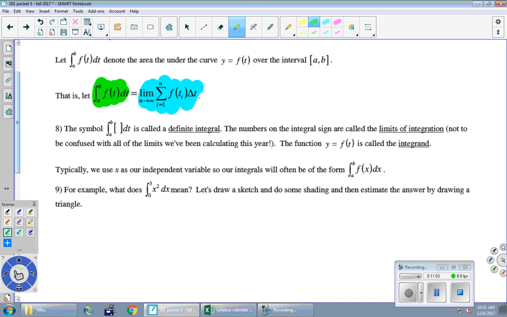And then the function itself, f of t, is called the integrand. Kind of like you have a radical and the thing inside is called the radicand. You have an integral and the thing inside is called the integrand. Typically we use x as our independent variable, not t like it's up above. So our integrals will often be of the form this thing here, just x's instead of t's.